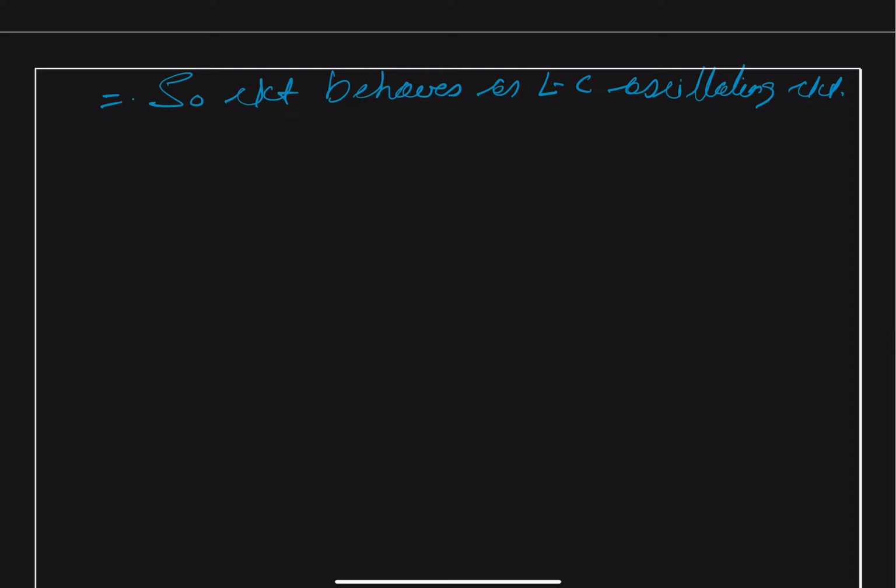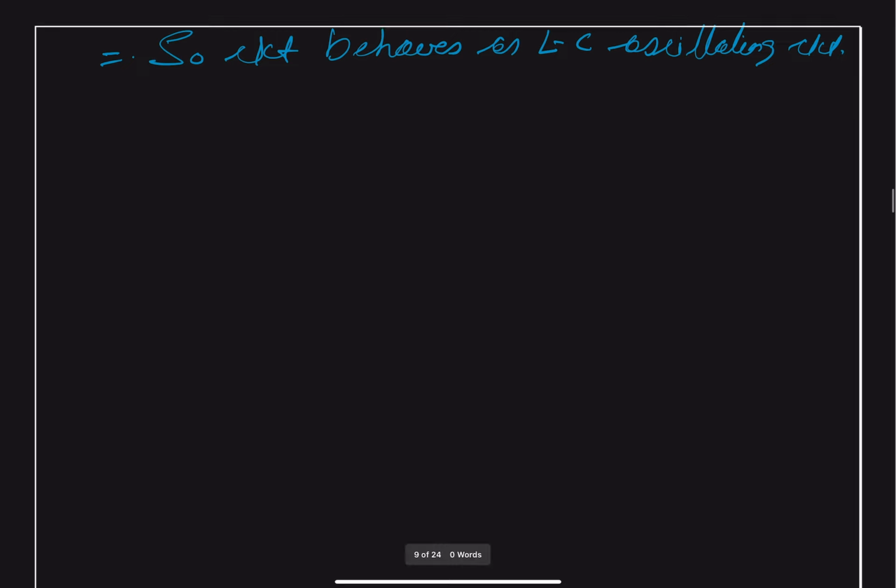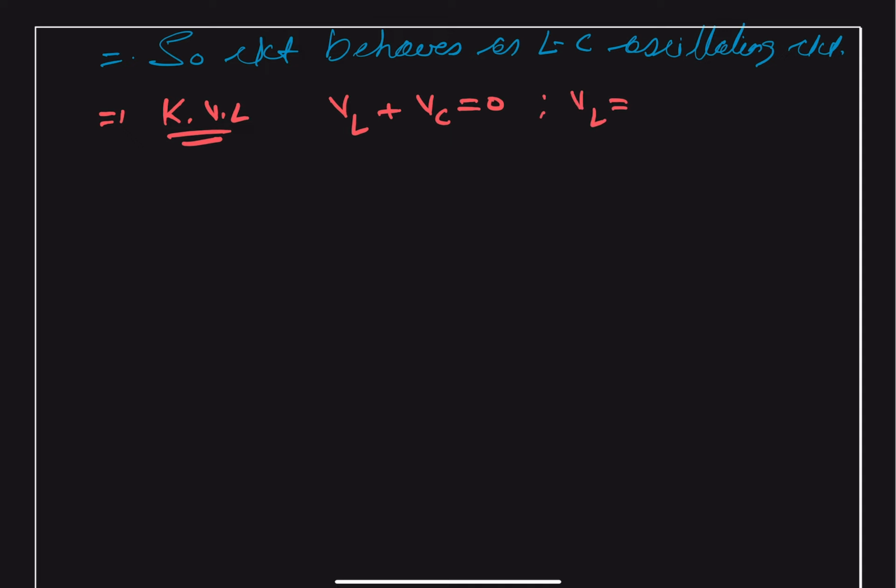So we can use KVL. KVL gives us that voltage across inductor plus voltage across capacitor is equal to 0 because there is no external source. The voltage across the inductor is L di upon dt, and voltage across capacitor is charge upon capacitance.